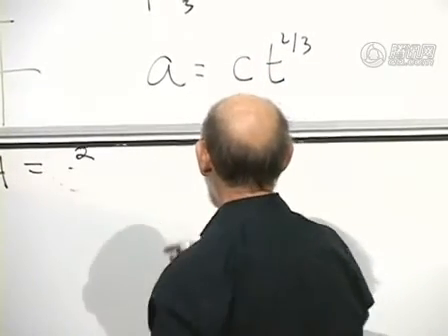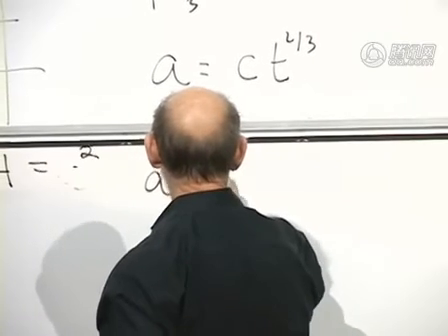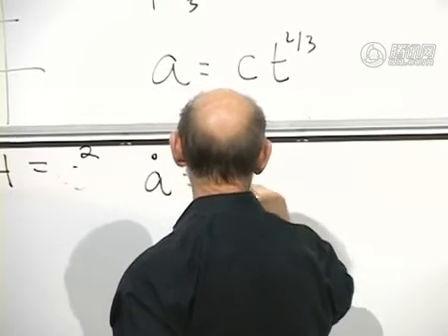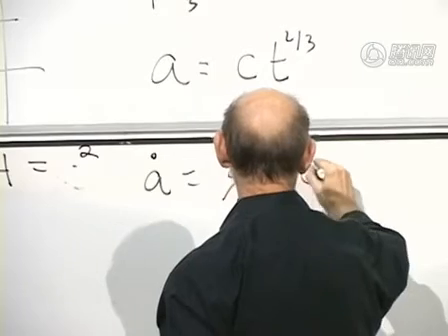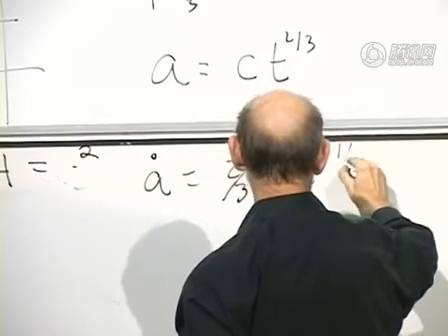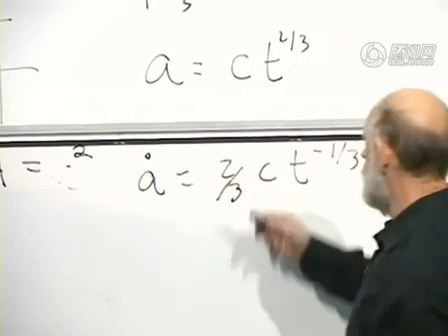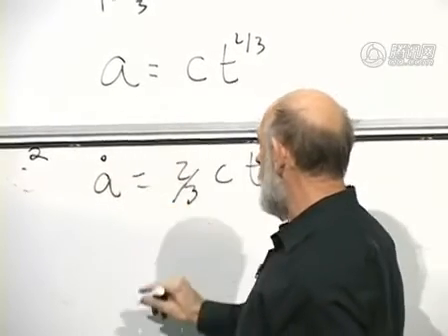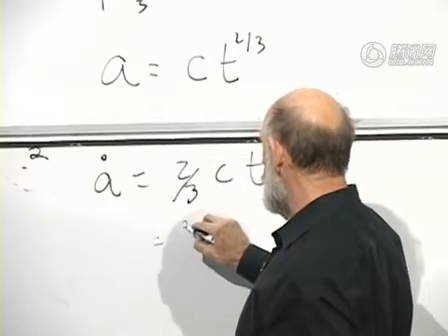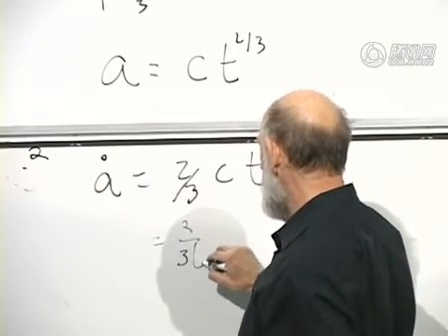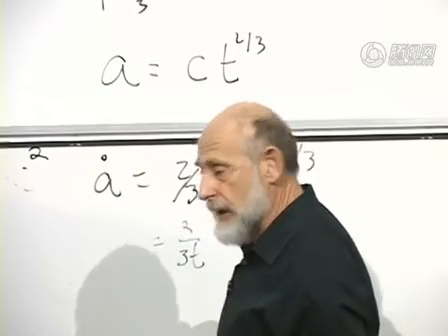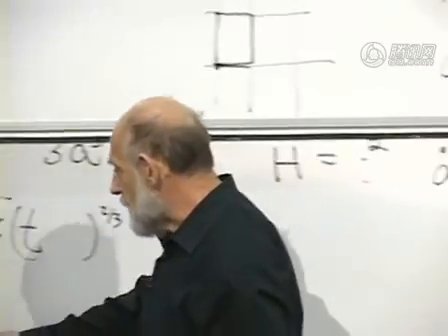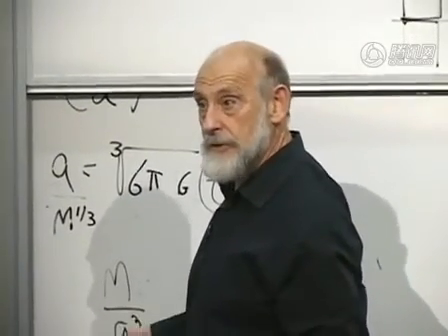A dot is equal to 2/3 C times t to the minus 1/3. I've just differentiated it. The Hubble constant, which is A dot over A, is just 2 over 3t. The constant cancels out, and with it cancels out the dependence on m.